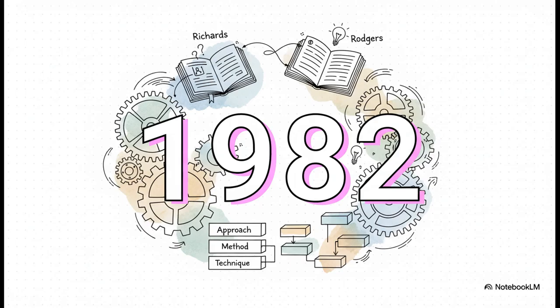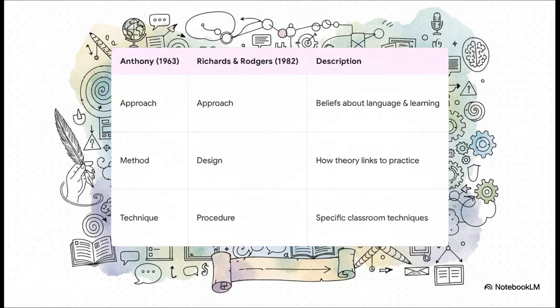They didn't get rid of it. Instead, they kind of expanded it, adding a bit more detail and updating some of the words they used. You can see how it evolved right here. The top-level approach stays exactly the same. But what Anthony called method, they called design, and what he called technique, they called procedure. It's really the same core idea of a three-tiered system, just with a fresh coat of paint.